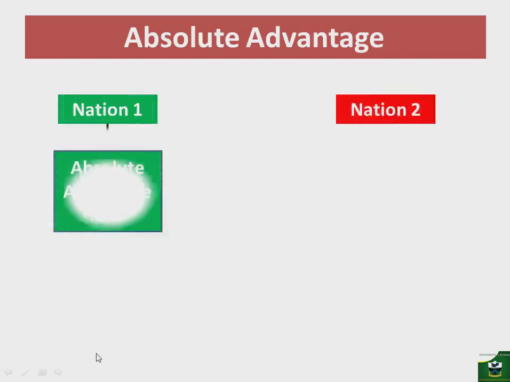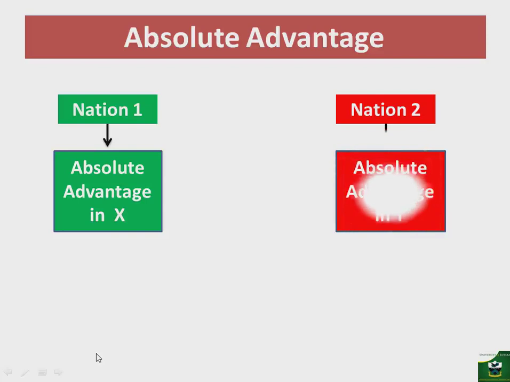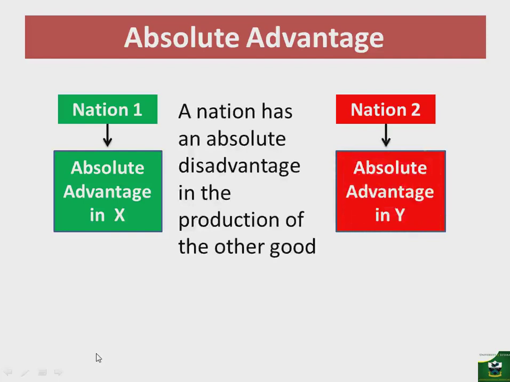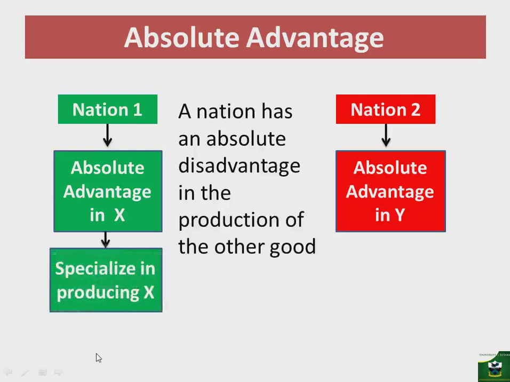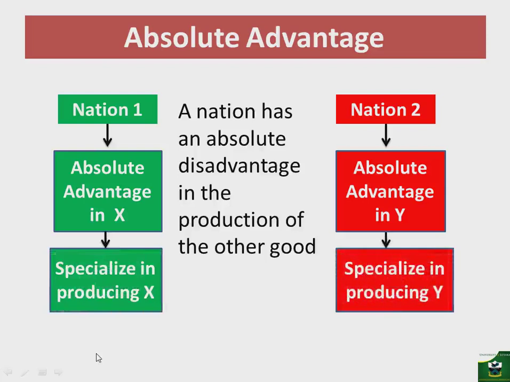And here we assume that nation 1 has an absolute advantage in producing commodity X, while nation 2 has an absolute advantage in producing commodity Y. This means that nation 1 has an absolute disadvantage in the production of commodity Y, while nation 2 has an absolute disadvantage in the production of commodity X. And given that nation 1 is efficient in X, while nation 2 is efficient in producing Y, it means that nation 1 will have to specialize in the production of commodity X, while nation 2 will have to specialize in the production of commodity Y.